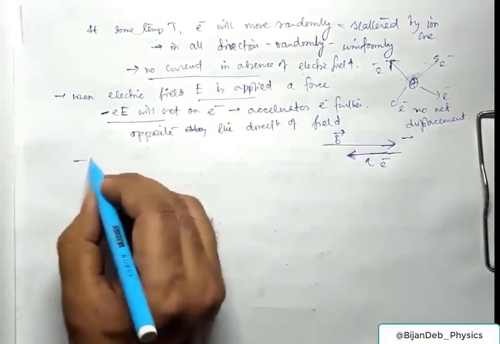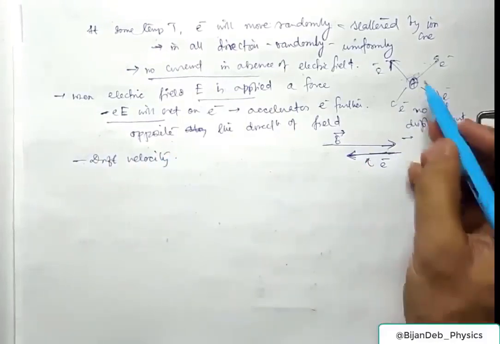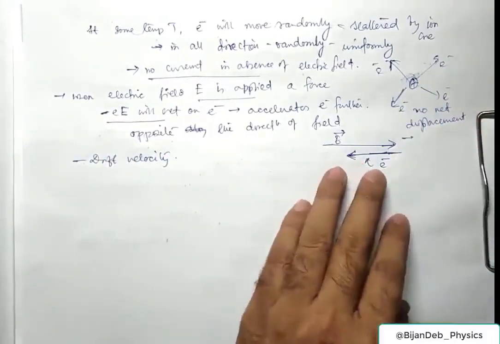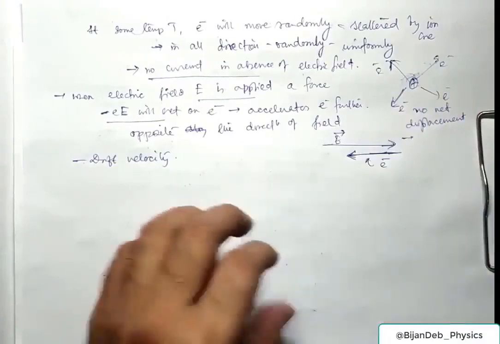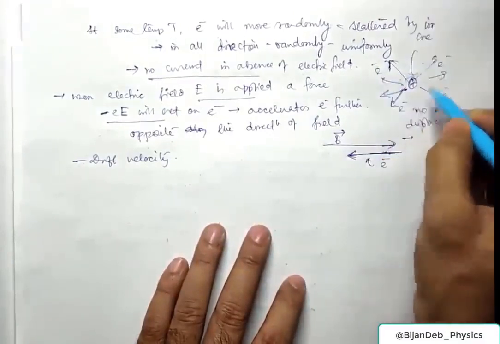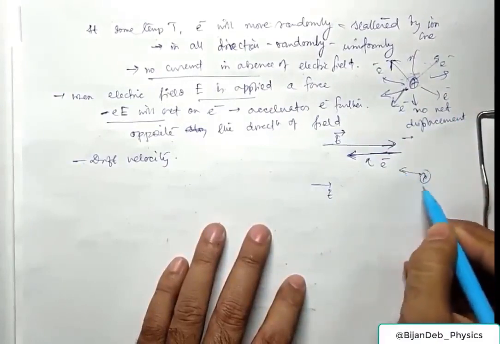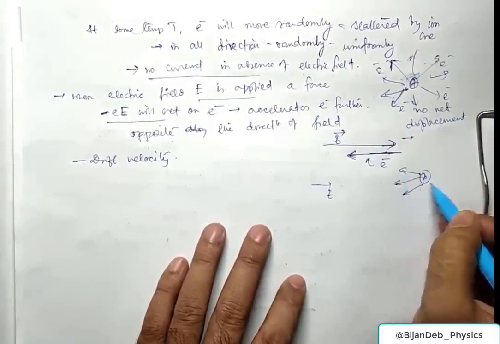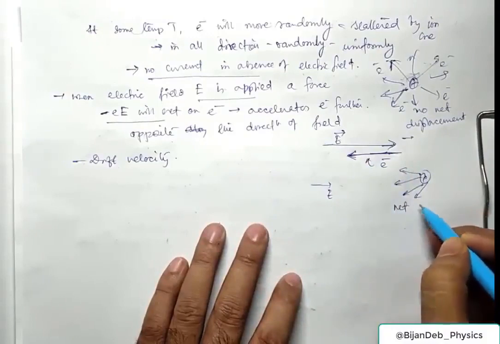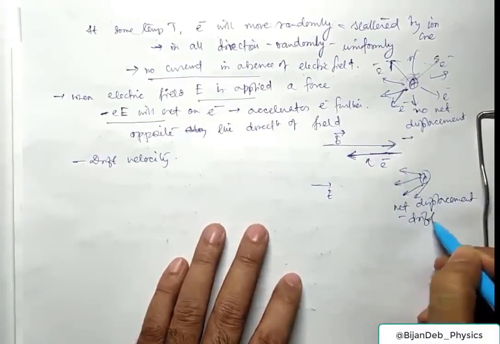And we will have what we call drift velocity. Drift velocity means earlier the electrons were scattered in all directions, there was no displacement, but now due to the electric field, all the electrons will try to move opposite to the electric field. So if we apply the electric field, what will happen? They will be slightly displaced, all will try to move opposite to the electric field. So now we will have a net displacement or drift, that's the name, drift velocity.